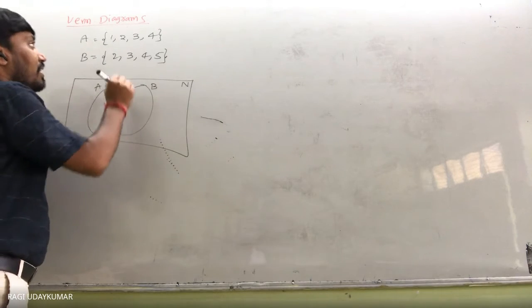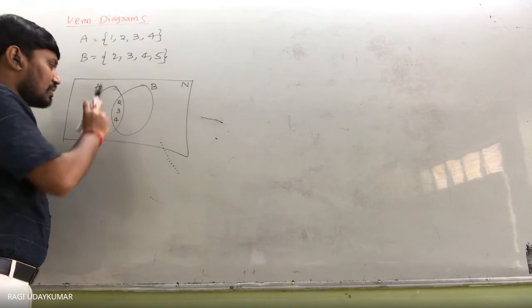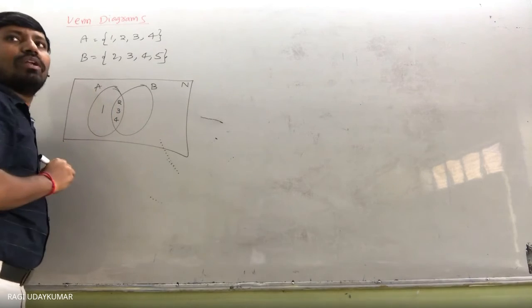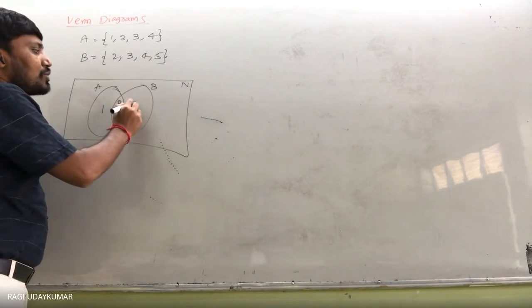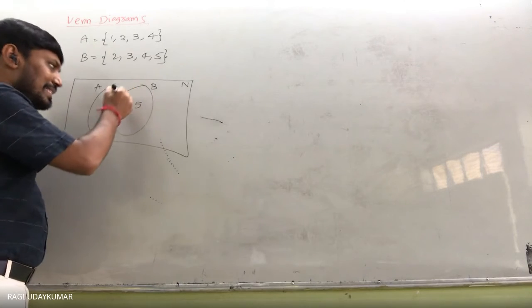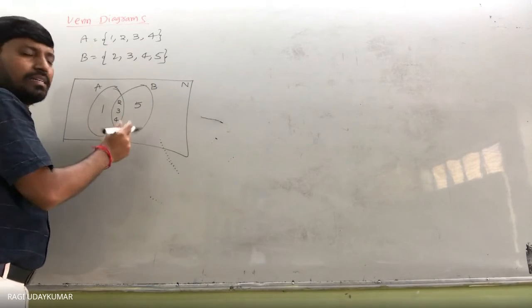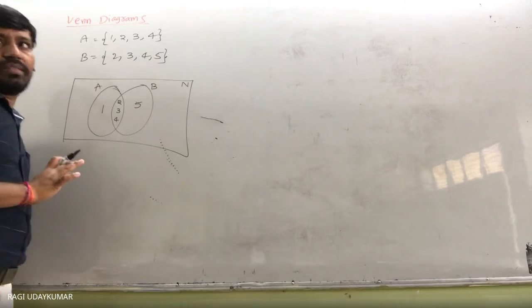Now ये में क्या है? 1, 2, 3, 4 है. So this part is going to have only 1, and this part is going to have only 5, because in this common part 2, 3, 4 are already included.